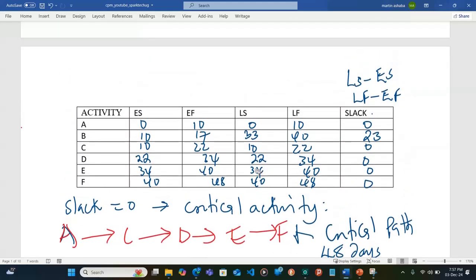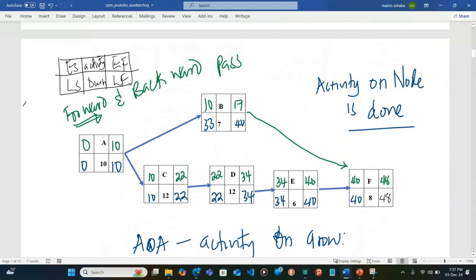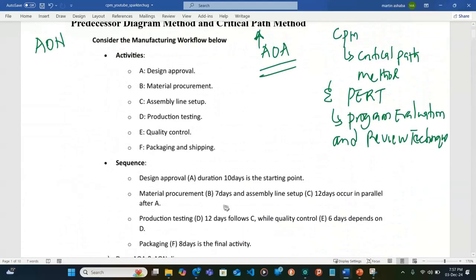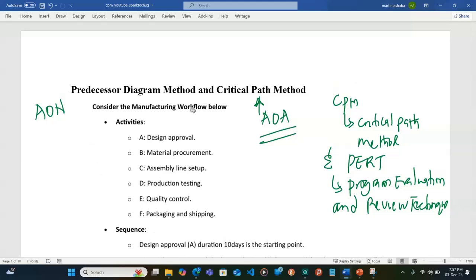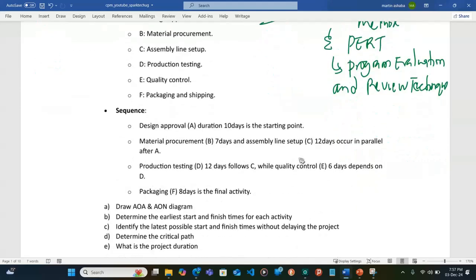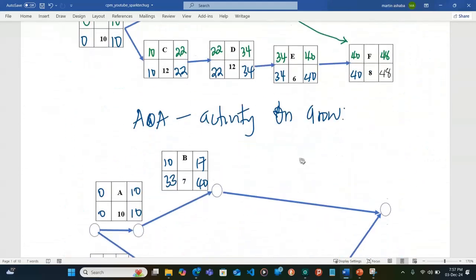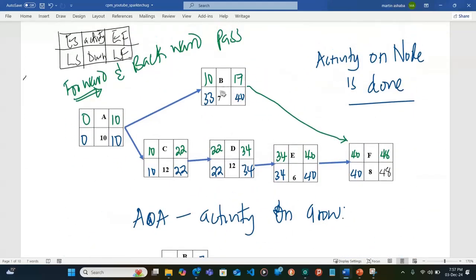So that's all that we can do in this problem using critical path method and predecessor diagram method, whereby predecessor diagram method, we're talking about activity on node, and critical path method, we're talking about activity on arrow. So we said for the node, the activity is on the node.